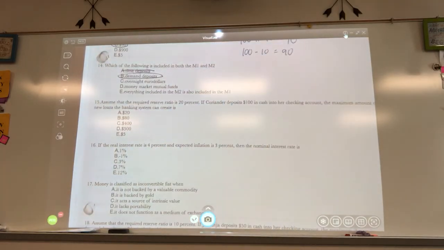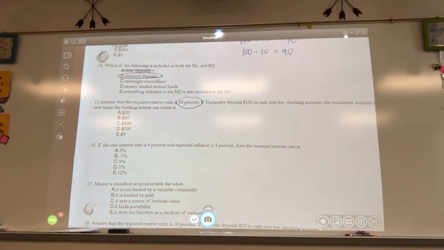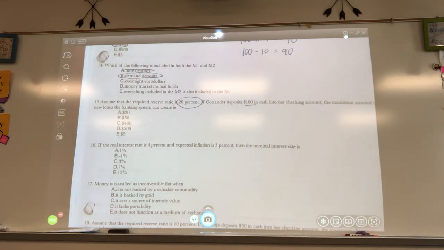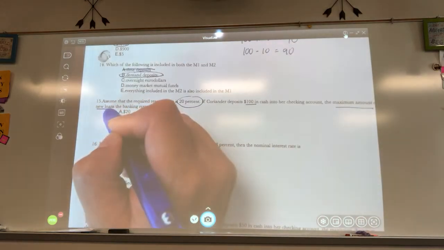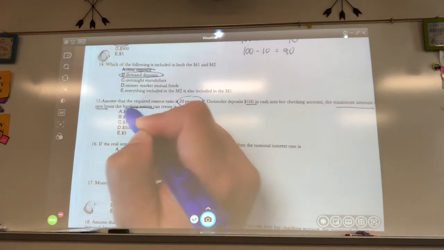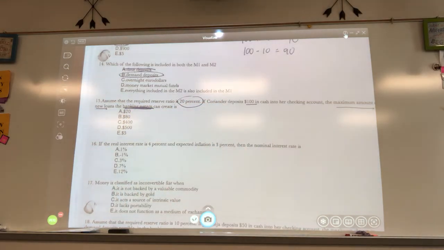15. Assume the required reserve ratio is 20%. Coriander deposits 100 in cash to her checking account, what is the maximum amount of new loans the banking system can create?